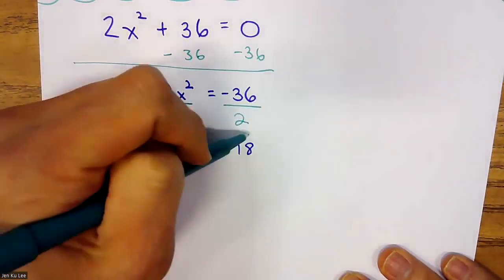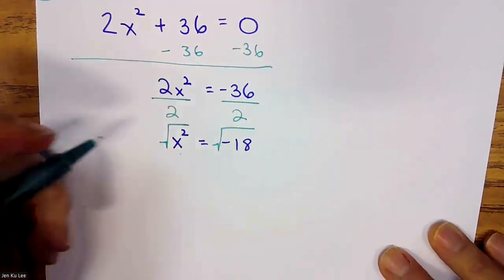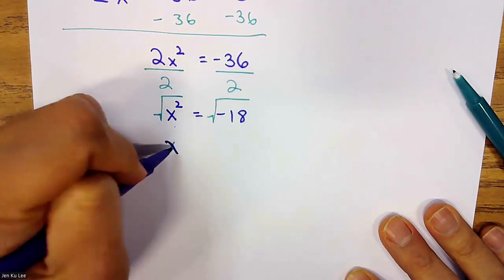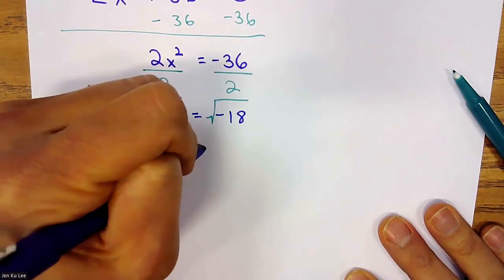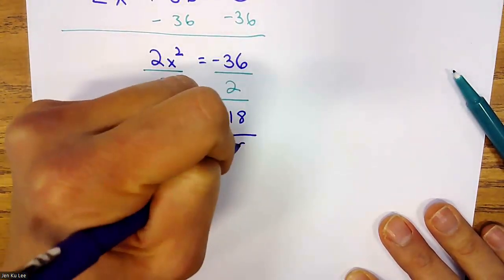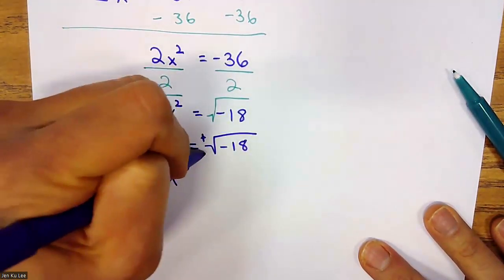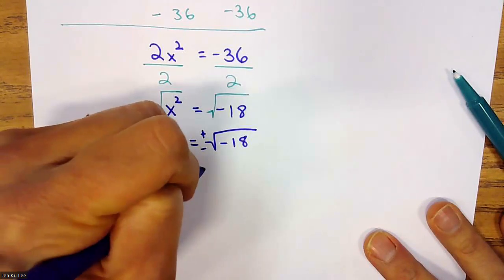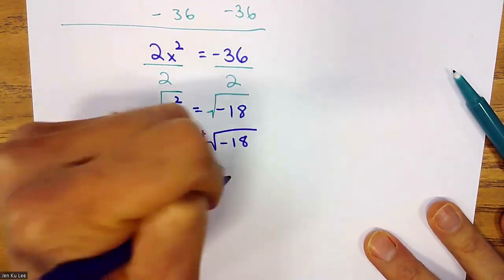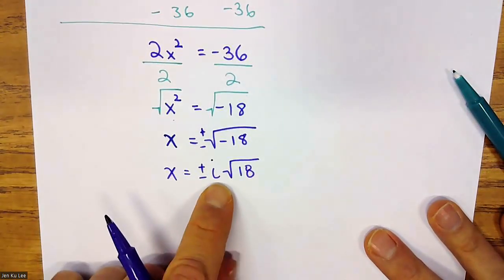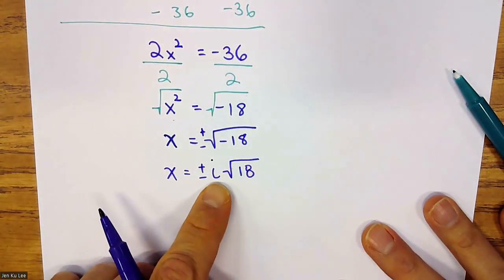And then I can square root, right? So x is going to equal plus or minus the square root of negative 18. I see a negative, so I'm just going to take out that negative and put an I there. Okay?